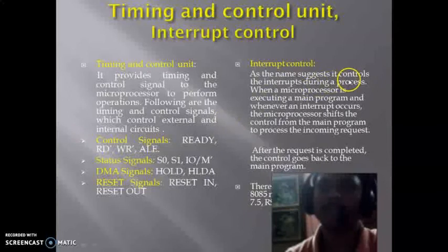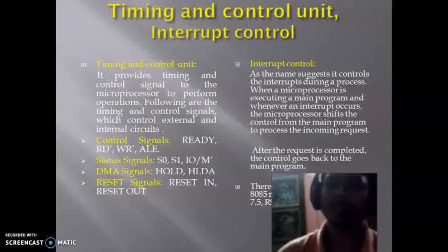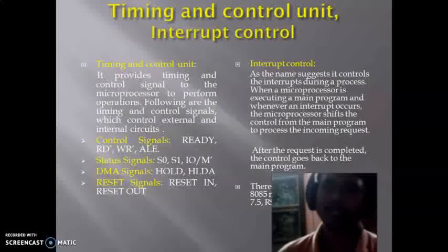Now, the timing and control unit, which is very, very important. Suppose you want to perform a read operation or write operation. Suppose data is stored in a memory and the microprocessor tries to read the data. At that time, the microprocessor will send a read signal to the memory so that the data can be read from the memory.